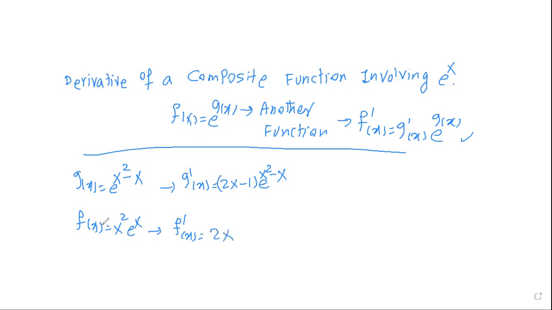First is 2x e to the power x, yeah, plus this function x squared, derivative of e to the power x is e to the power x. We're going to get 2x e to the power x plus x squared e to the power x, so e to the power x times x squared plus 2x. Make sense? Yeah.